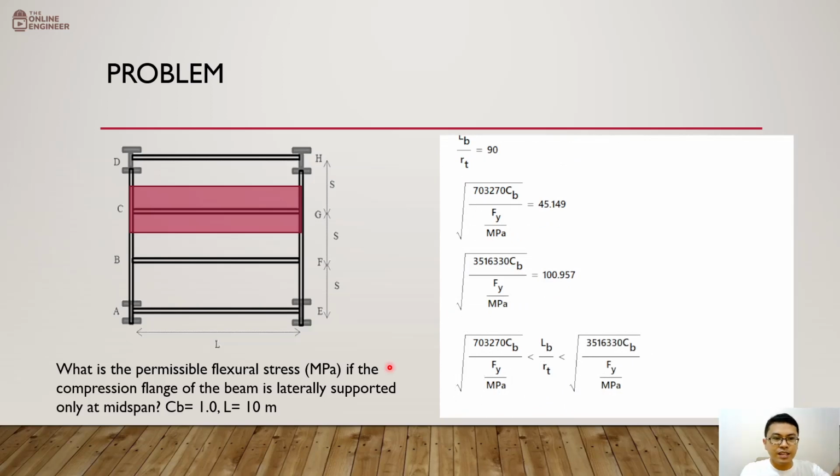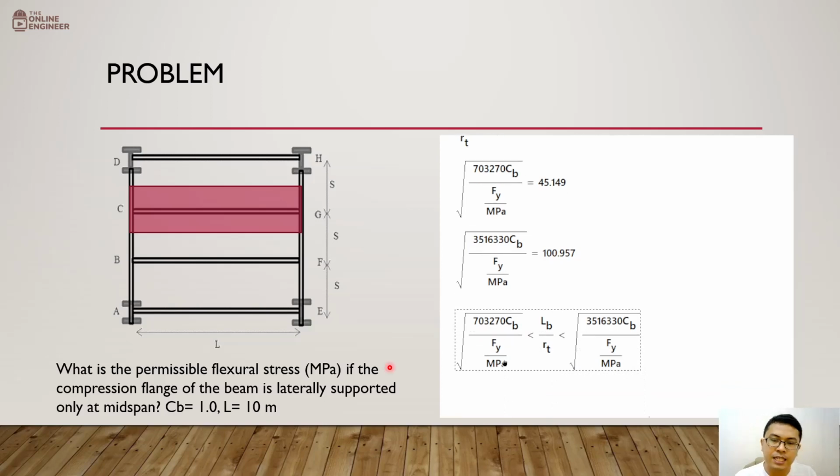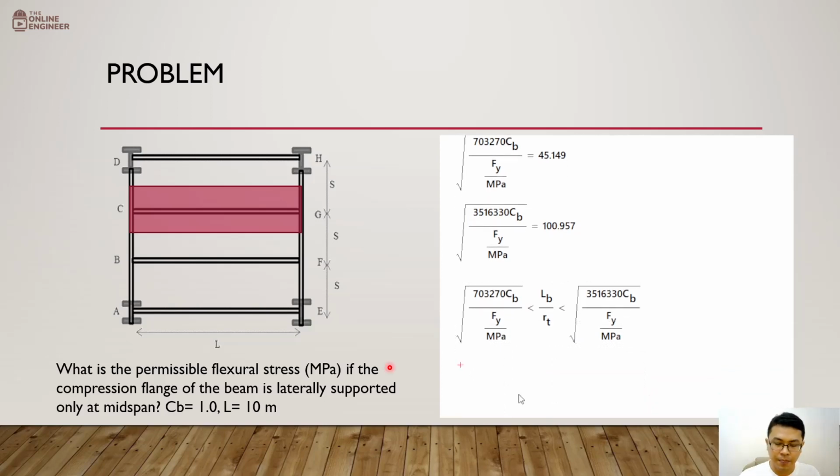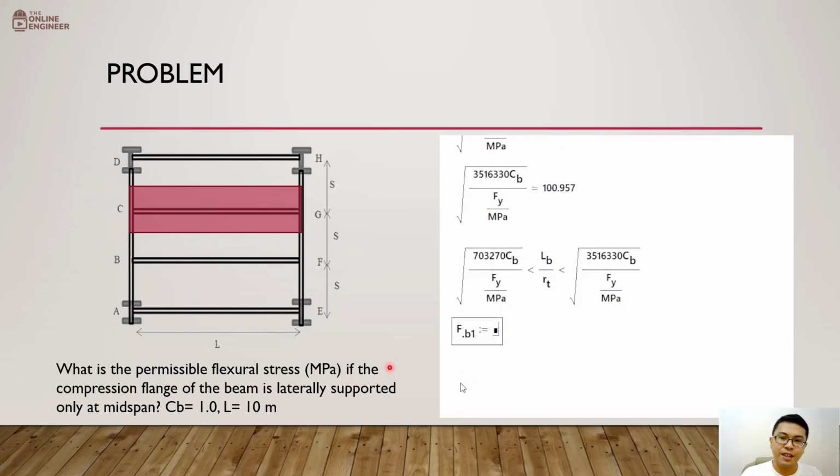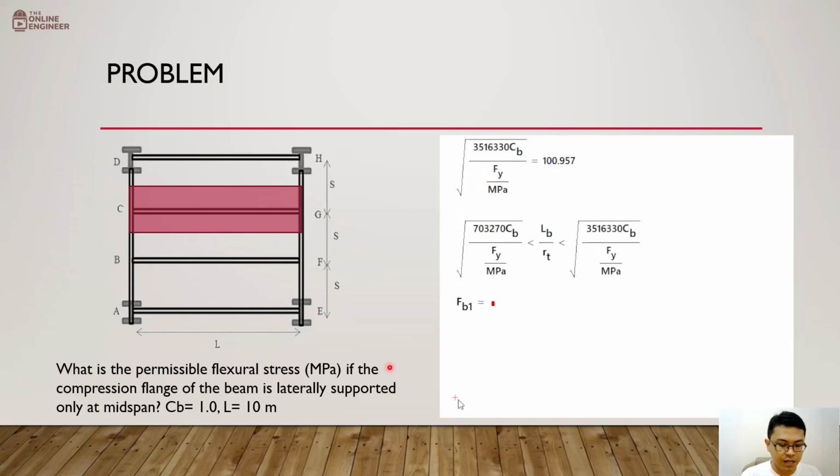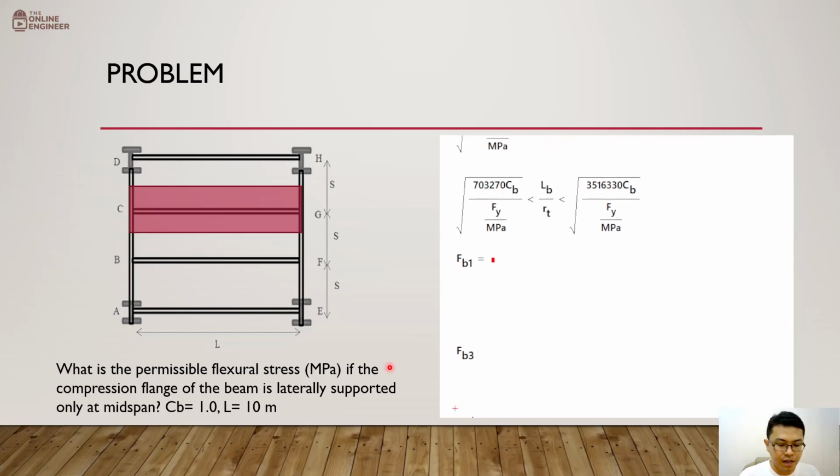If you check that first video that we discussed, what happens if we fall under this specific condition? What we're going to do is solve for FB1, and then solve for FB3, and compare it with 0.6 of FY.